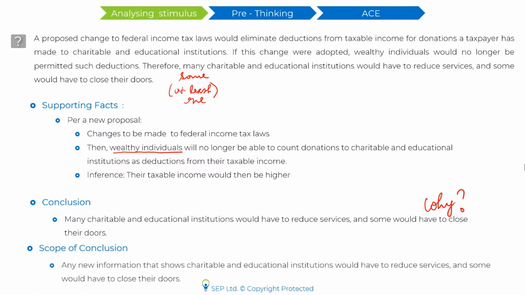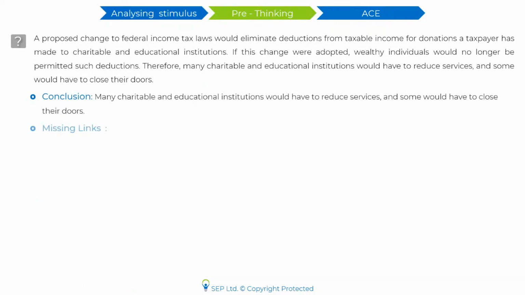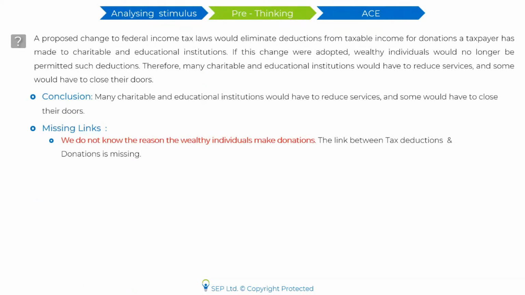So the scope of the conclusion is any new information that shows why charitable institutions and educational institutions would have to reduce services. And one very simple answer would be maybe their funds are going to reduce. So here goes. The missing link is that we do not know the reason wealthy individuals make donations.